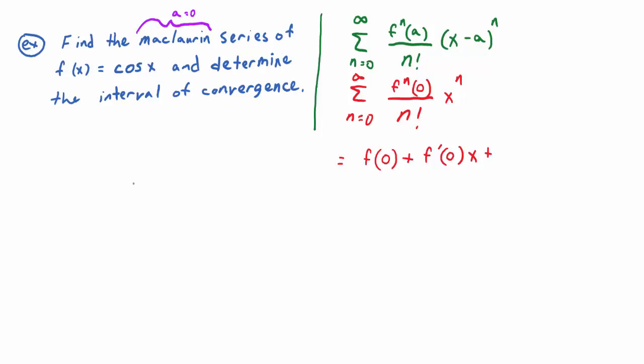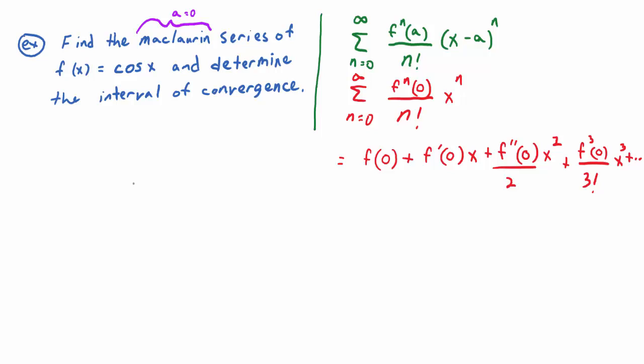Plus, what's the next term? f double prime of 0 times x squared over 2 factorial, or 2. Do one more. What's the next one? Triple prime evaluated at 0 over 3 factorial times x cubed, plus dot, dot, dot. So that's what it looks like when you write it out generically longhand. Would everybody agree with that statement?